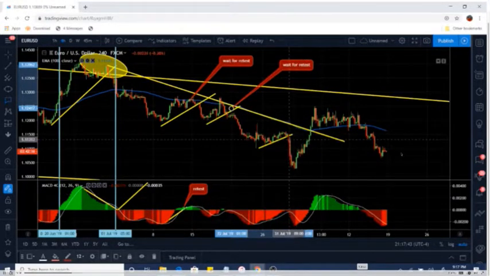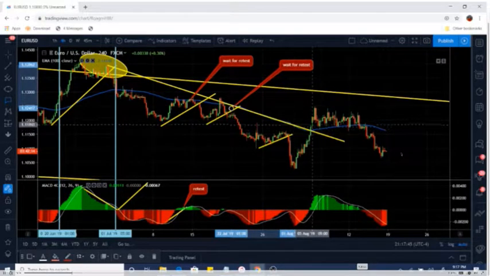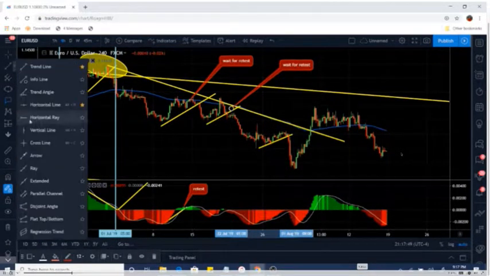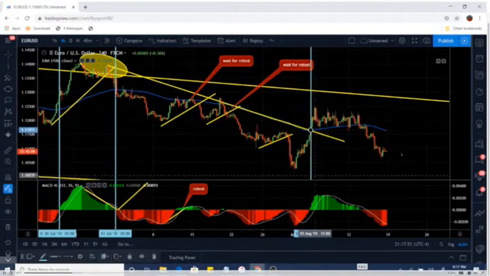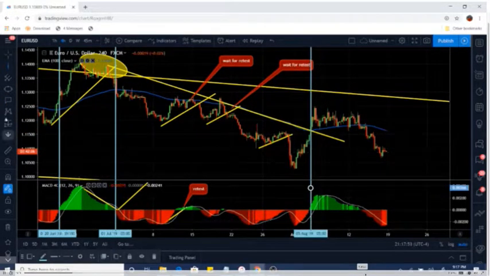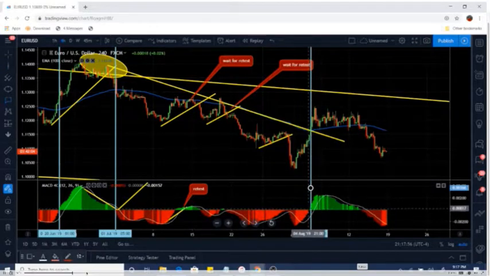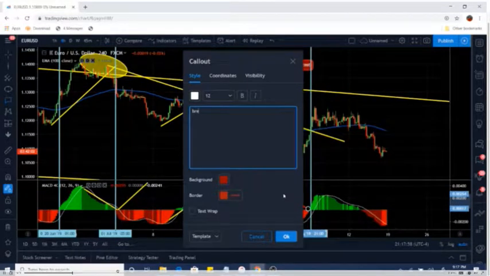Notice when price got here. Notice the difference, right here and right here. Breakout, this is breakout, reversal.